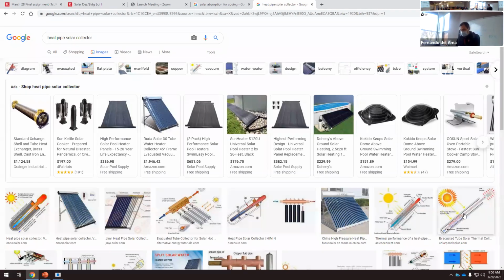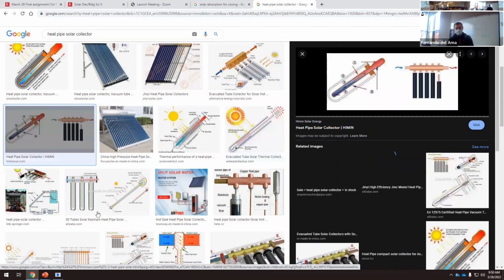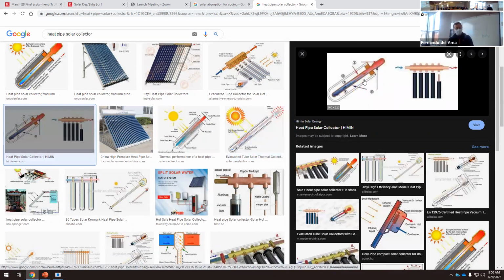So what is this? It is a pipe, as you can see, it's made of glass. There is vacuum here, so we don't have air. There is a way to extract all the air from this pipe. And then there is a fluid. This element here is not water, it's a fluid that changes from solid to liquid. So how does it work?